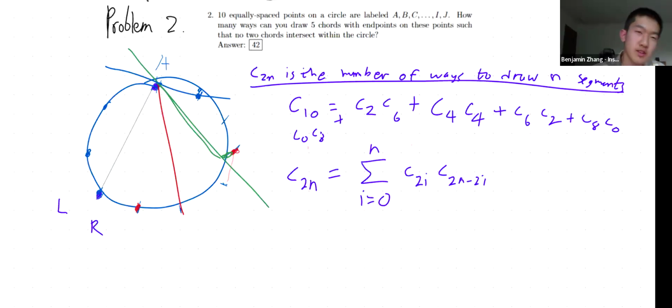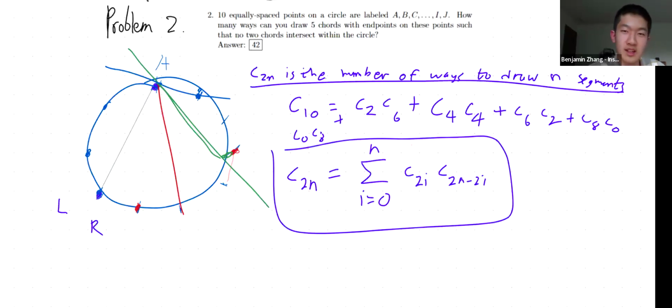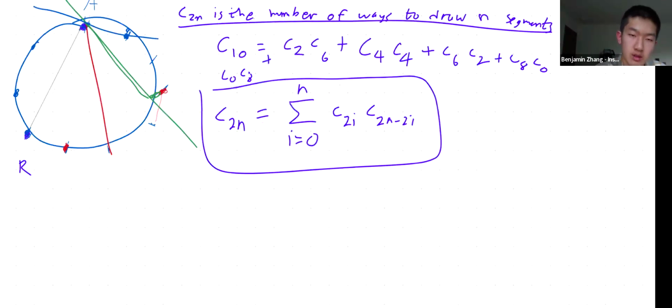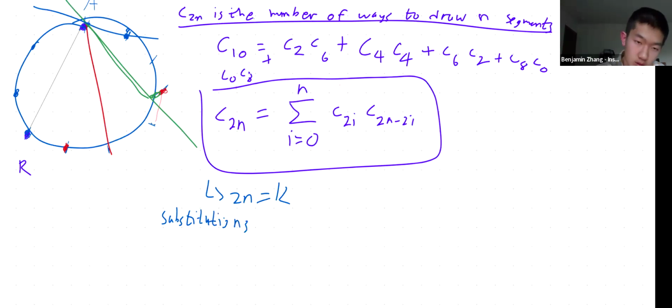And if you remember before, this is basically the same thing as the Catalan numbers, except we have to use a substitution that 2n equals k. So this is the substitution. And this basically gives us that this is just C of 5, which we can compute easily to be 42.